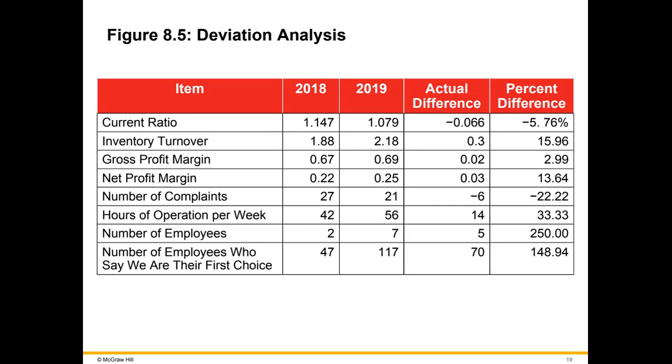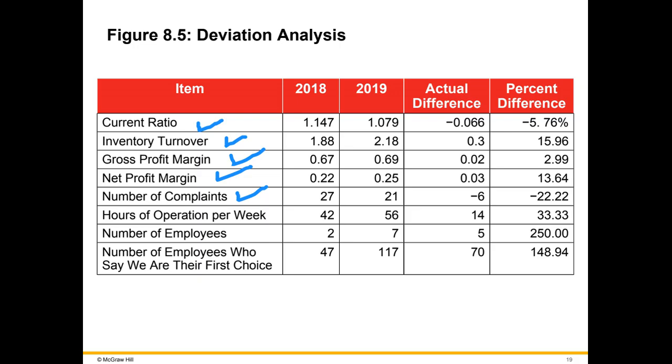Now, if you recall in the previous slides, we talked about current ratios, inventory turnover, gross profit margin ratios, net profit margin. Number of complaints can be a different criterion that you can use, hours of operations per week.